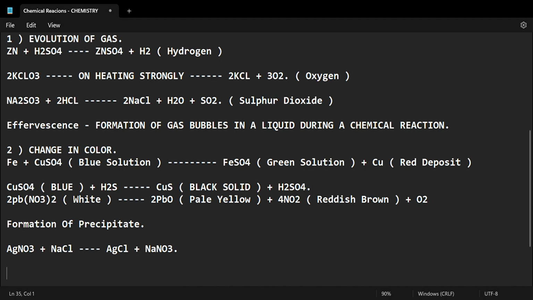Now, the second one: ferrous sulfate solution is added to sodium hydroxide solution. A dirty green precipitate of ferrous hydroxide is formed.